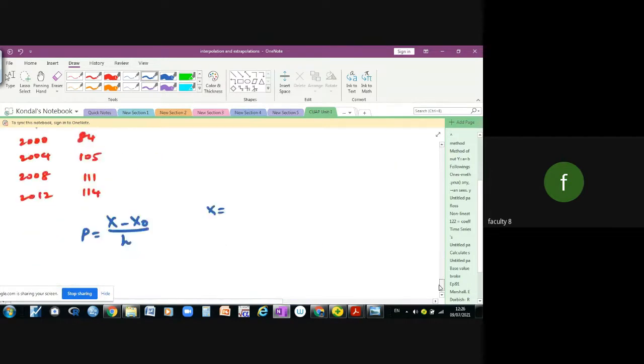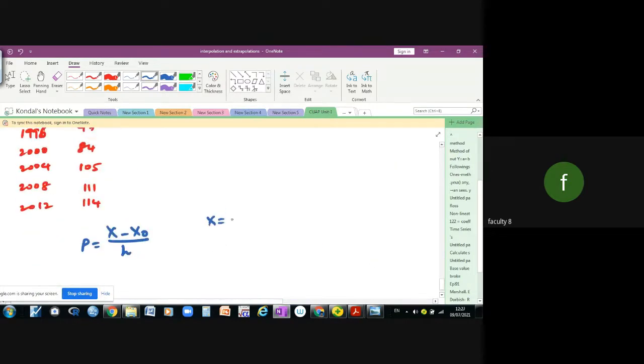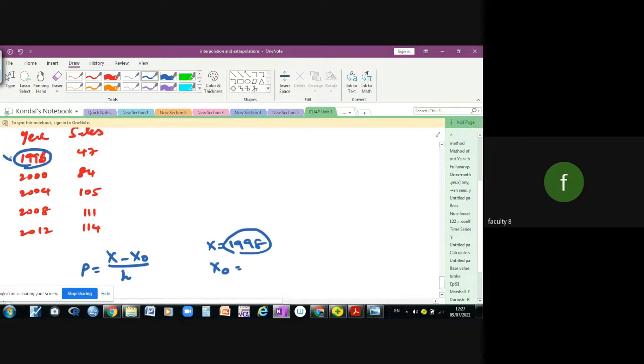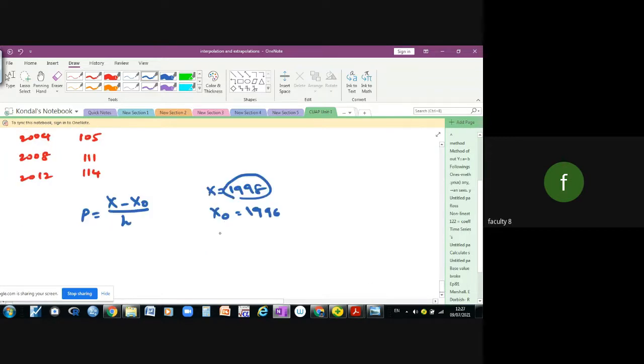Capital X is 1998. What is the x0? Here, the previous year of the 1998. So what is the previous year of 1998? 1996 is the x0 and x value is 1998.